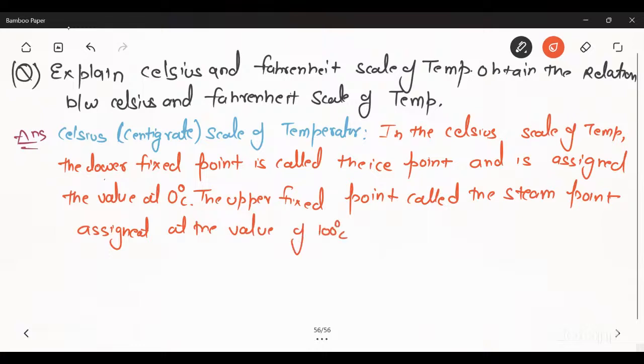And how many parts in this scale? 100 degrees Celsius minus 0 degrees Celsius, so there are 100 equal parts in the scale.